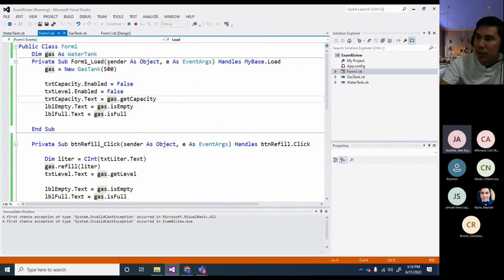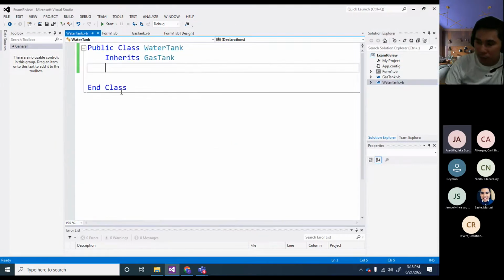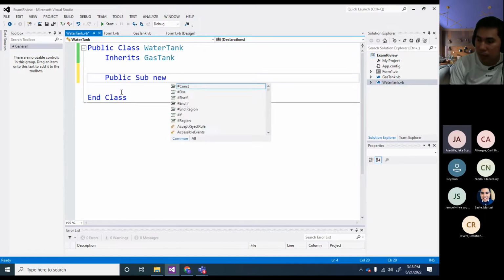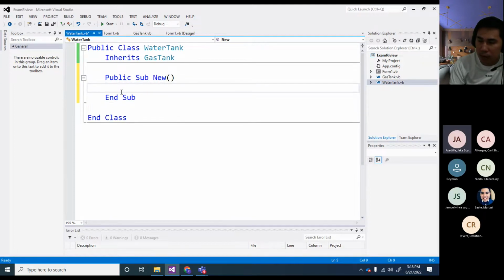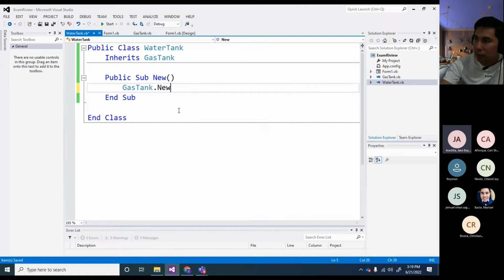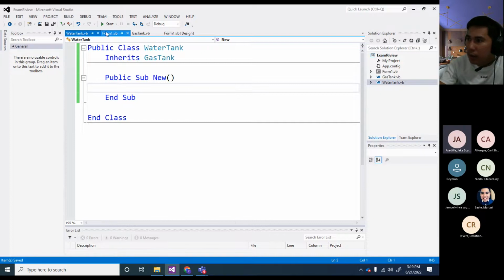So even though it's a water tank, wait, let me call it here. Water tank. So, oh, what happened? Gas tank, water tank.